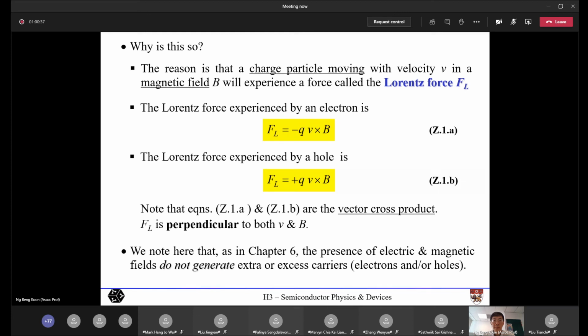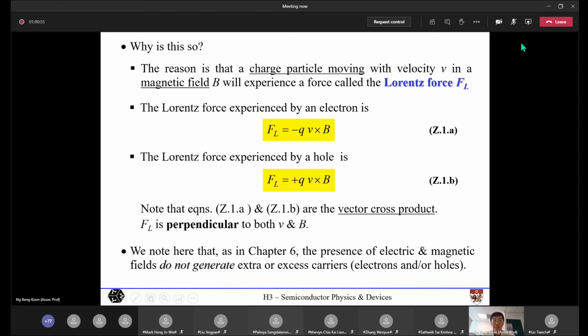This arises from the interaction between the flowing charge and the presence of the magnetic field. If a charged particle flows through a magnetic field, you generate a force, the Lorentz force, that will push the charged particle in a certain direction.